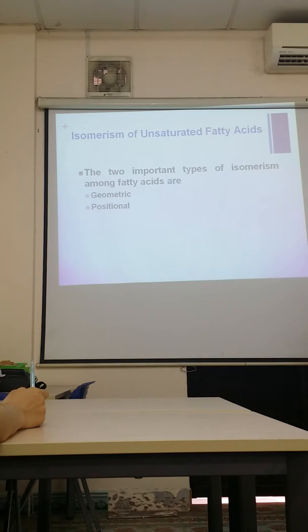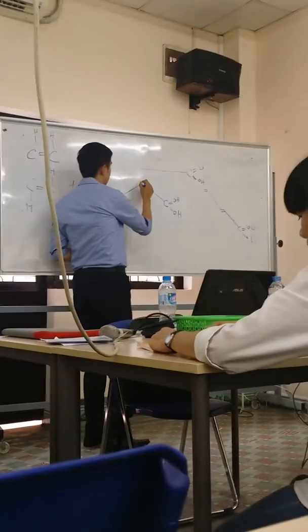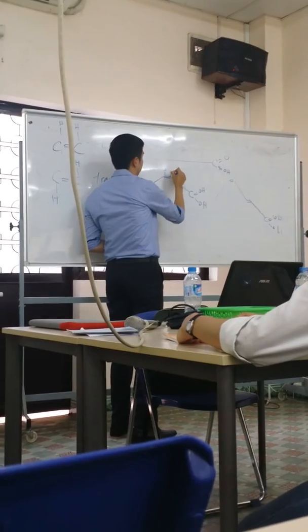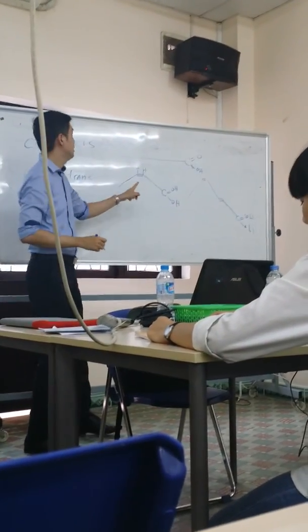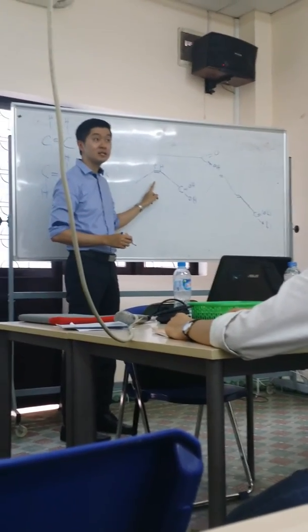You have more. The structure is no longer in straight line because H stay one side. Normally it's cis form. H stay one side. So these are the structure.